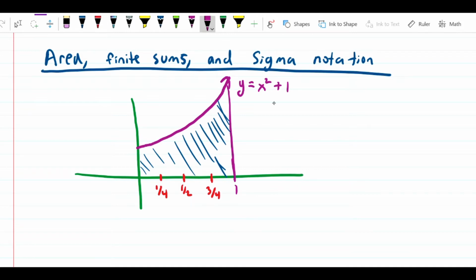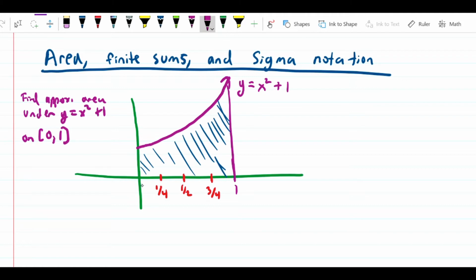Let's clarify: we want to find the approximate area under y equals x squared plus 1 on the interval 0, 1. One thing I could do is pick the point along the curve that has the maximum value in each of these subintervals.